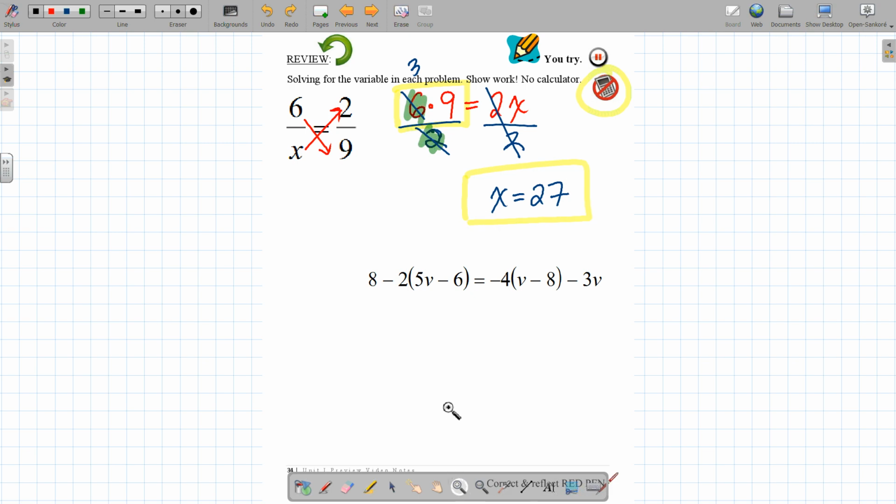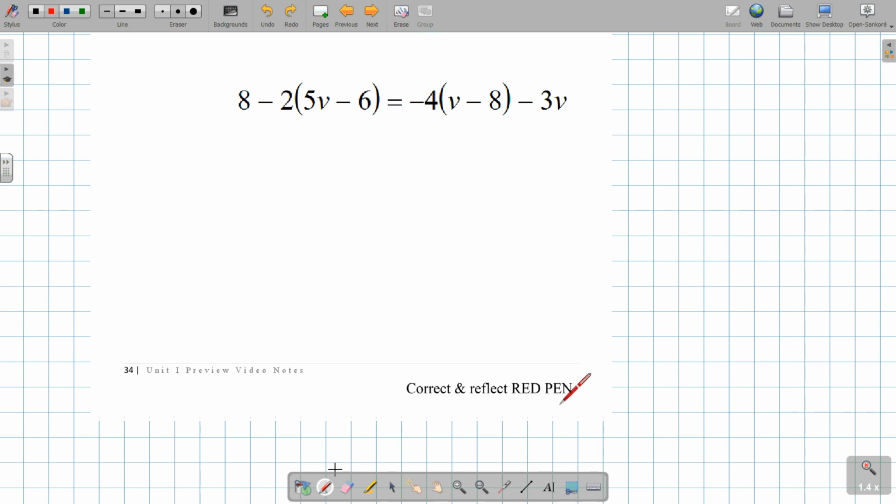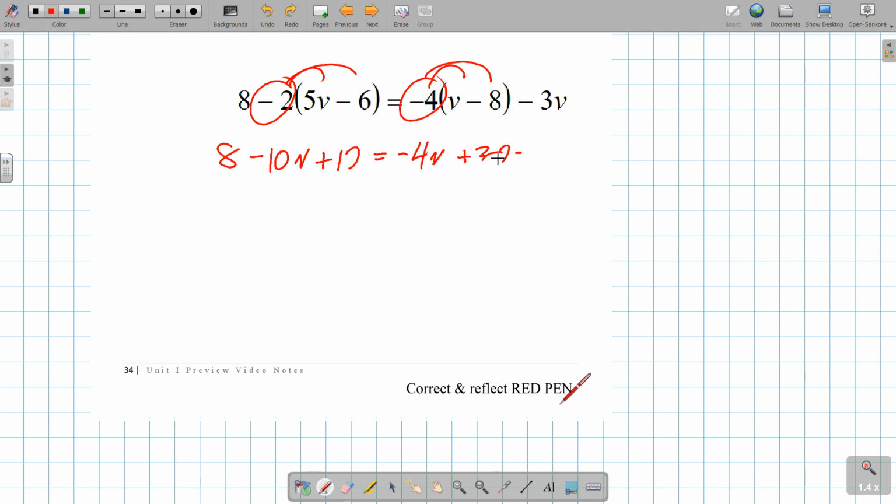See how you did for the algebra? Circle, distribute, circle, distribute. Collect terms.